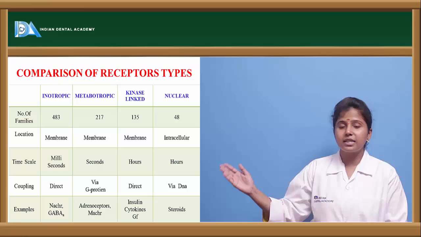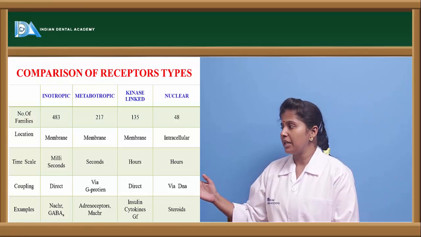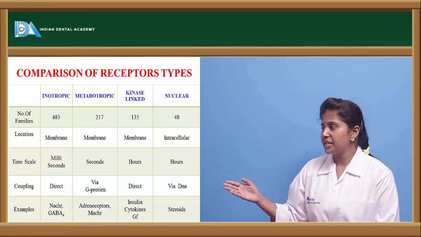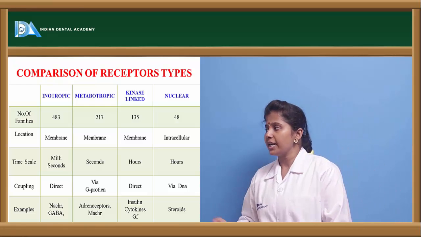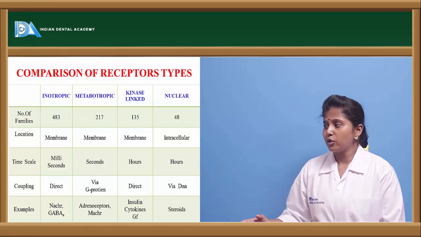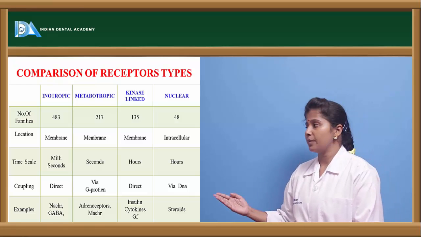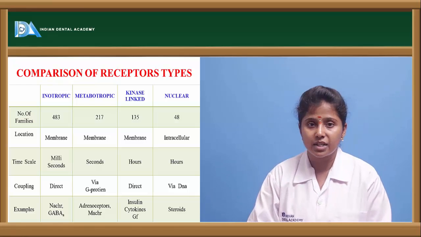If we compare the receptor types, ionotropic has 483 families, metabotropic, that is GPCR, has 217, kinase linked has 135, and nuclear receptors have 48. Ion channels are present on the membrane, GPCR and kinase also are present on the membrane, whereas nuclear receptors are present intracellularly.